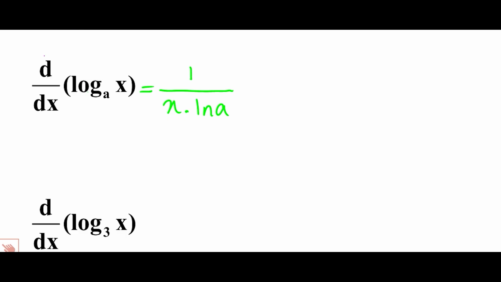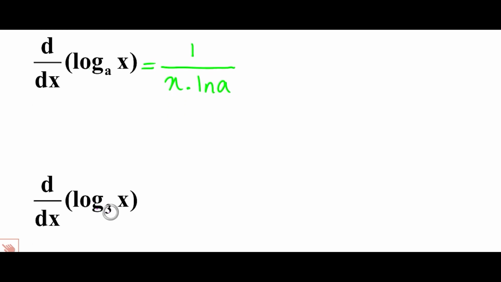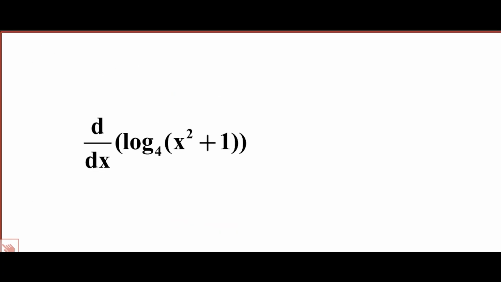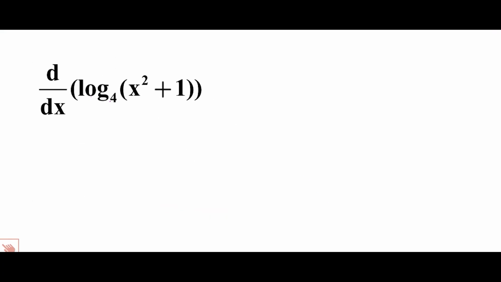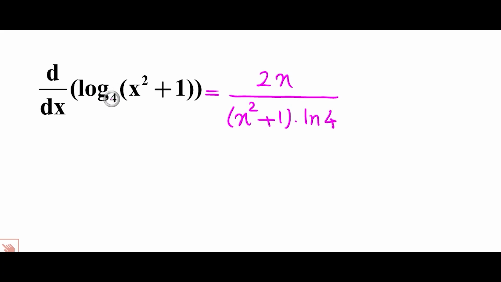Okay? So, for example, the derivative of log base 3 of x is equal to, the derivative of x is 1, over x times ln of 3. Or the derivative of log base 4 of x squared plus 1 is equal to, the derivative of x squared plus 1 is 2x over x squared plus 1 times ln of 4, because the base of this log is 4.